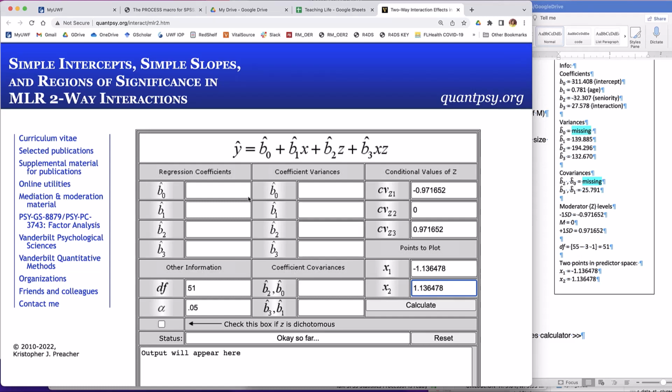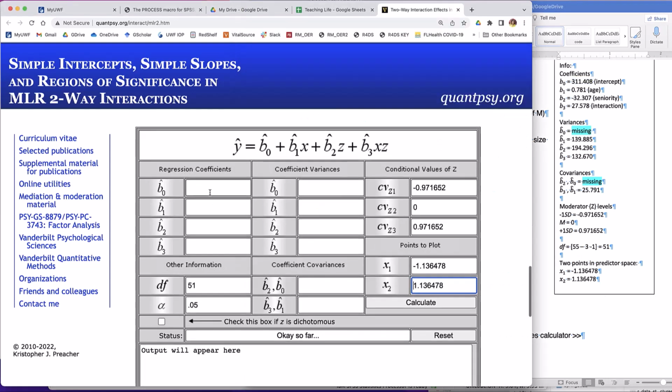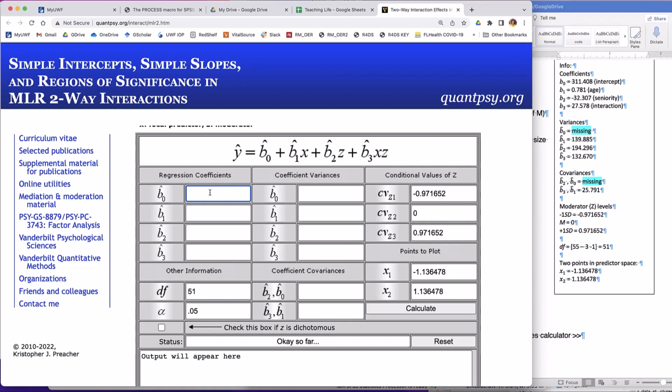There we go. So I need to fill in these other things. Might be faster for me to type. There. Yeah, if I just tab, I can type.